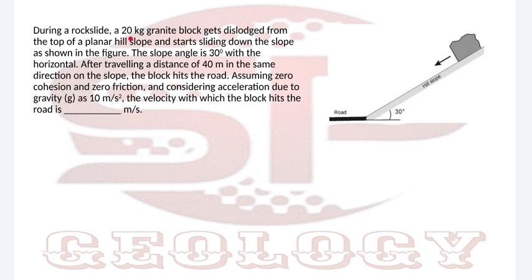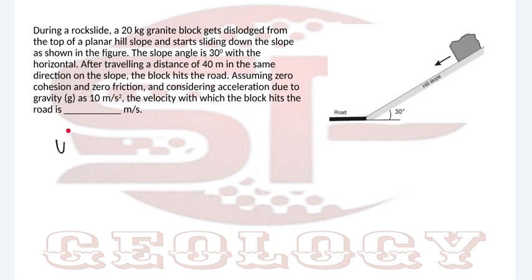During a rock slide, a 20 kg granite block gets dislodged from the top of a planar hill slope and starts sliding down the slope. The slope angle is given as 30 degrees. After traveling a distance of 40 meter in the same direction, you have to calculate the velocity with which the block hits the road.